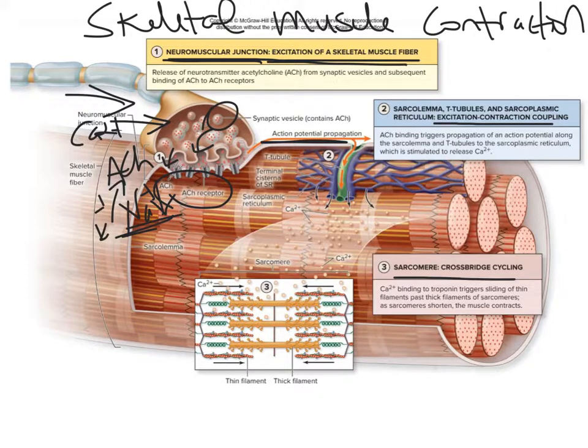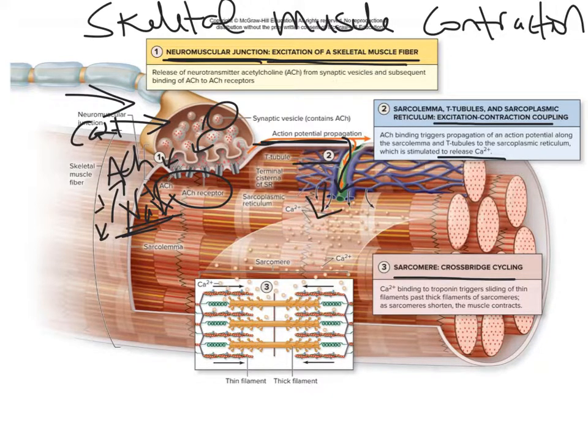It'll travel down the sarcolemma, and because it's traveling down the sarcolemma, it travels down the T-tubules and comes in contact with the terminal cisternae of the sarcoplasmic reticulum. And here, the action potential, that change in voltage, will cause calcium to be released. So you open voltage-gated calcium channels.